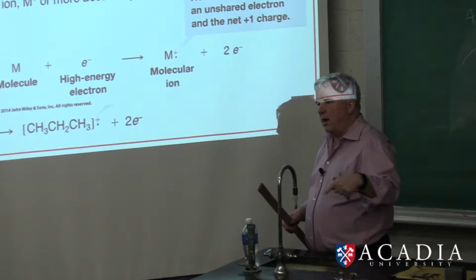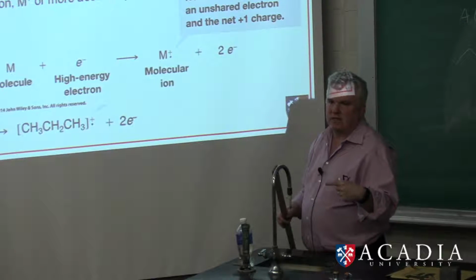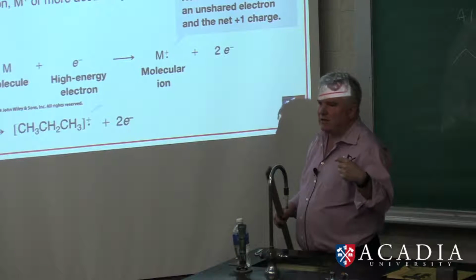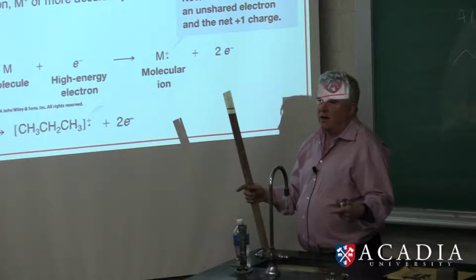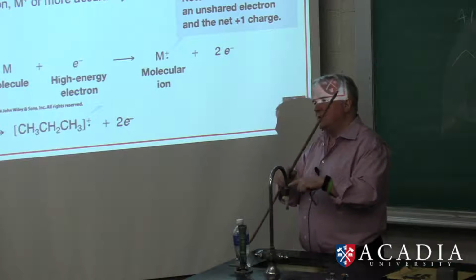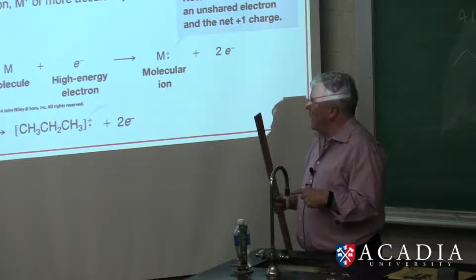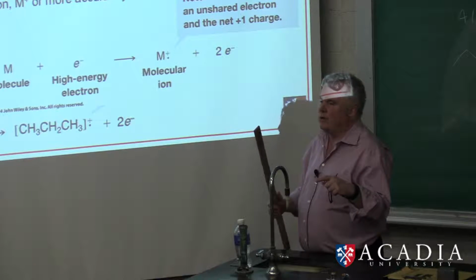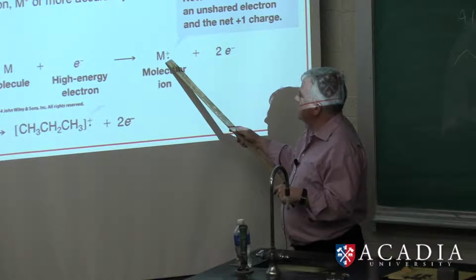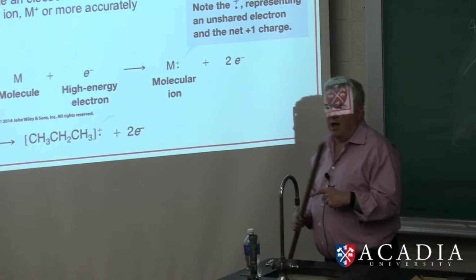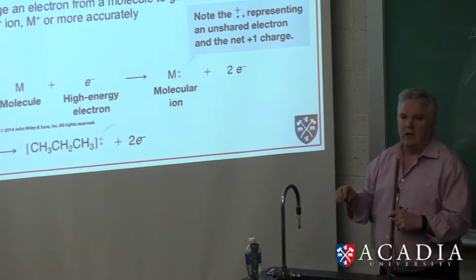It can be over the whole molecule. As it turns out, there are instances like if we have heteroatoms, there are some orbitals that are very localized, and there are other orbitals that are very diffuse where the electrons are all over the molecule. So when we knock it out, we have this thing we call the molecular ion. Notice that we have M dot plus. It's a radical cation.